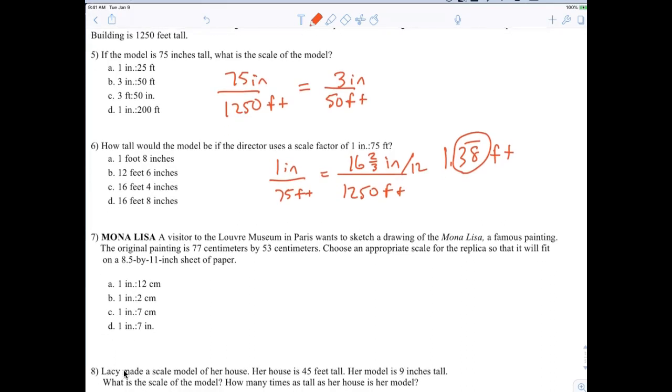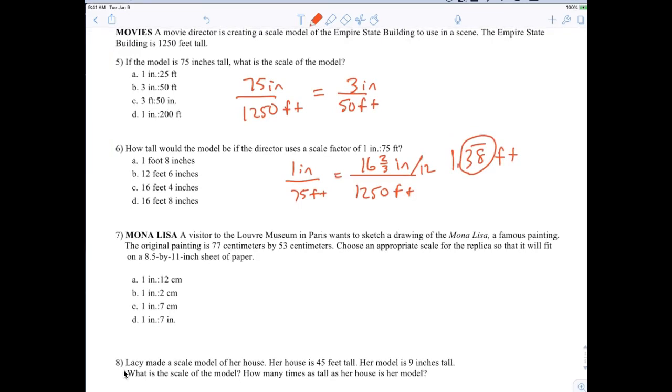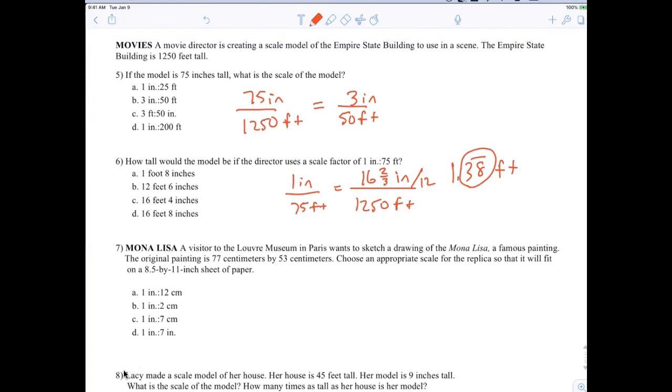So let's do this. Let me make sure that's correct. Yeah, that should be the answer. Yeah, I don't know. Maybe they made a mistake on that.